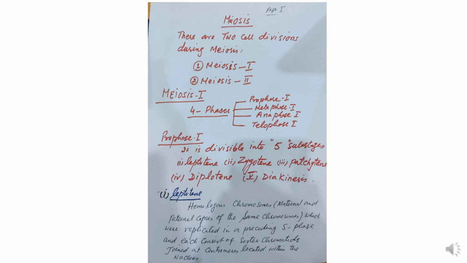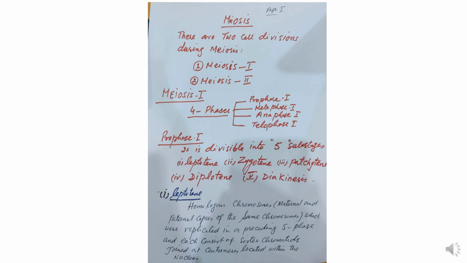Before starting this phase, the cell having 46 chromatids develops its sister chromatids, and they become double in number. But the chromosome, by definition, is two chromatids together.